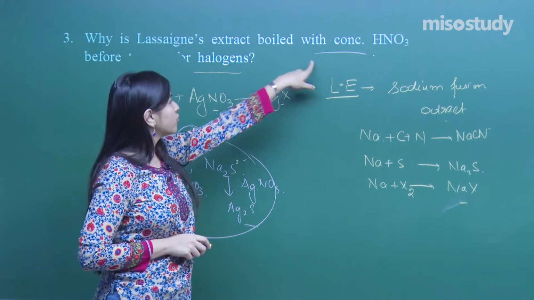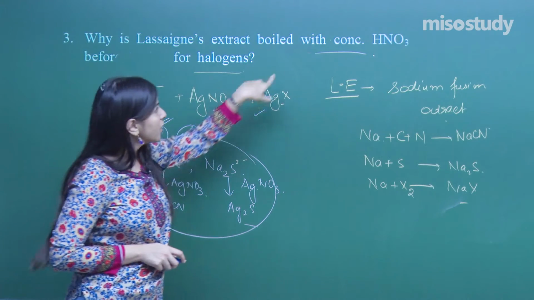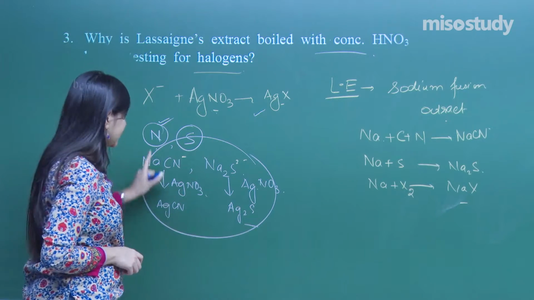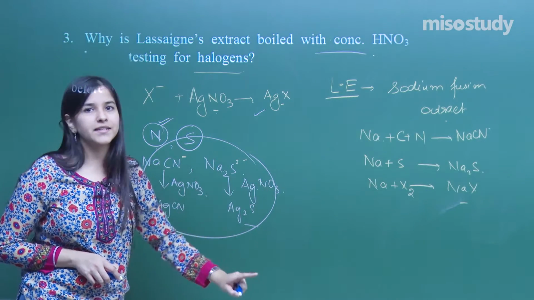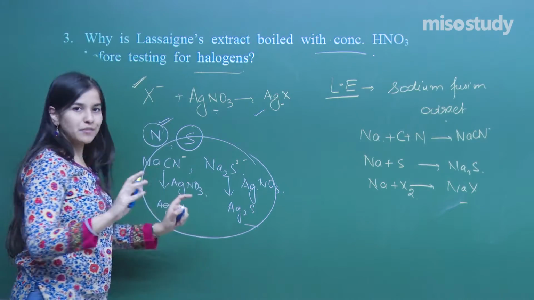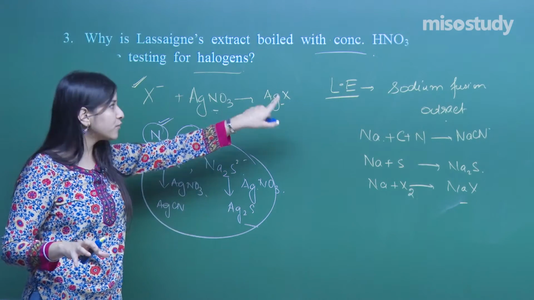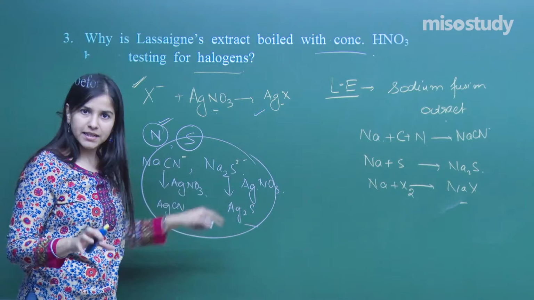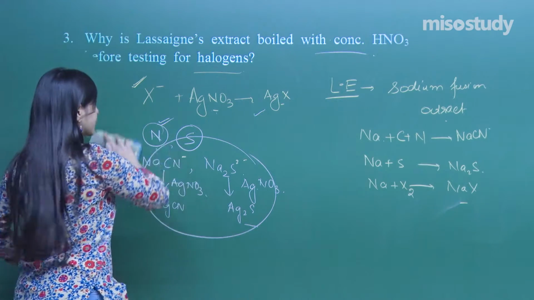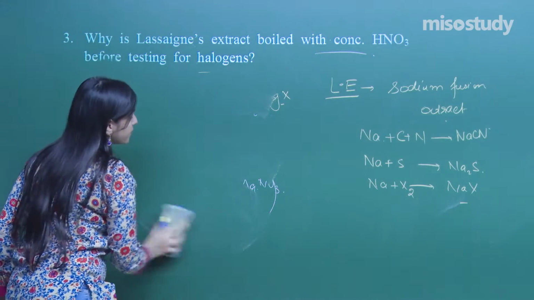Before moving on to this test, we boil it with concentrated HNO3 so that these species get oxidized and do not hinder the process. Then finally we can comfortably test for the halogens and we will get the positive results. Clear? So that is why, due to the hindrance of these ions, we have to boil it. Clear? I hope everybody is clear with it.